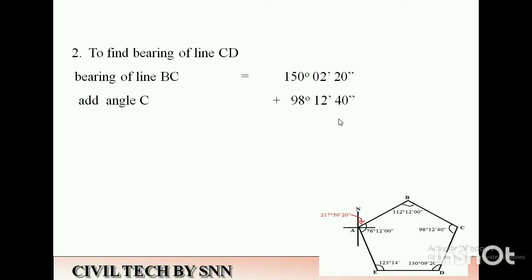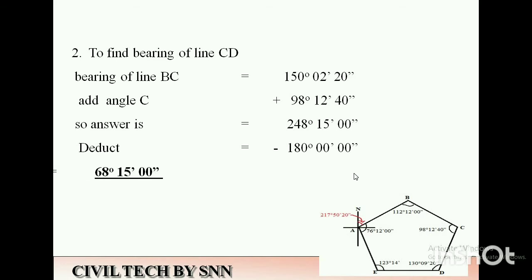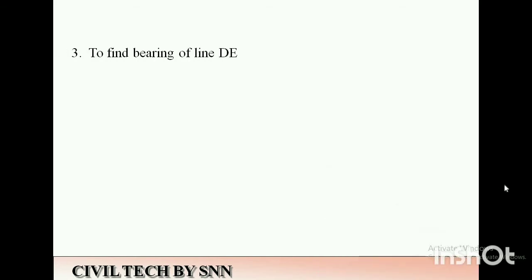So add angle C, which is 98 degree 12 minute 40 second. So the answer is 248 degree 15 minute 0 second. This answer is again greater than 180 degree. So deduct 180 from this answer. You will get the bearing of line CD is 68 degree 15 minute 0 second.